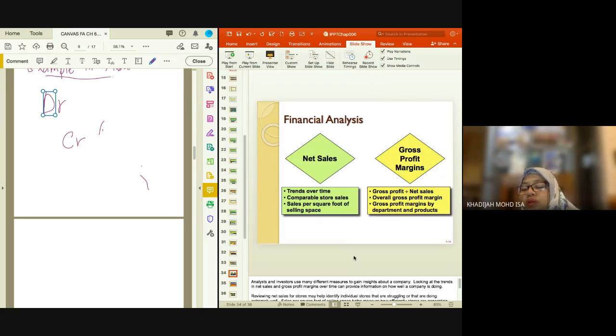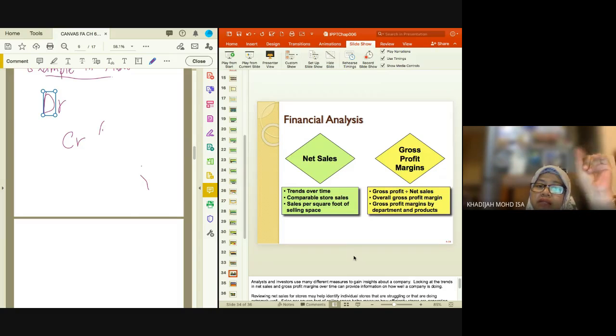Because you want to know all this. If the gross profit margin is too low, then you have to see what happened, why your cost of goods sold is high, because gross profit is taken up into your cost of goods sold.